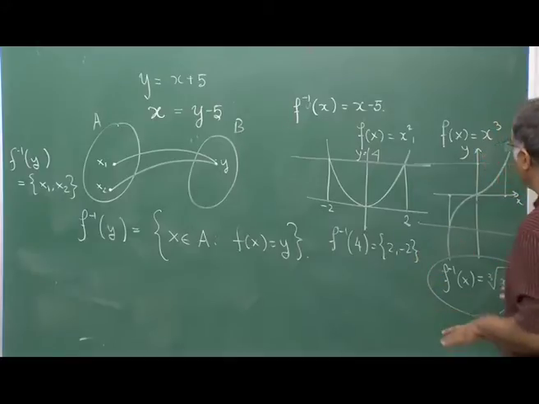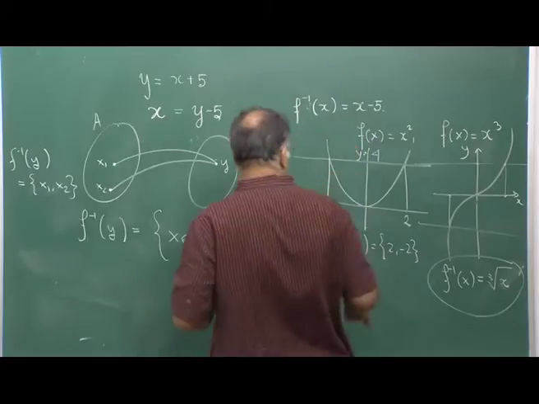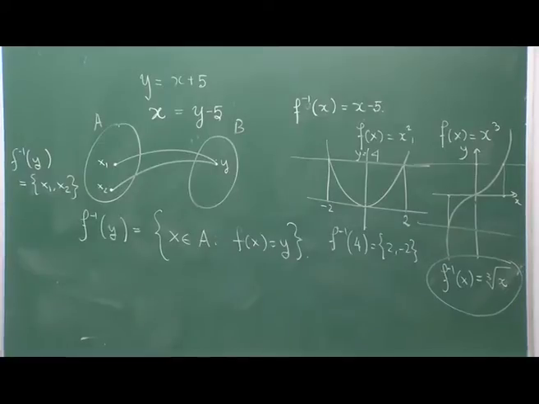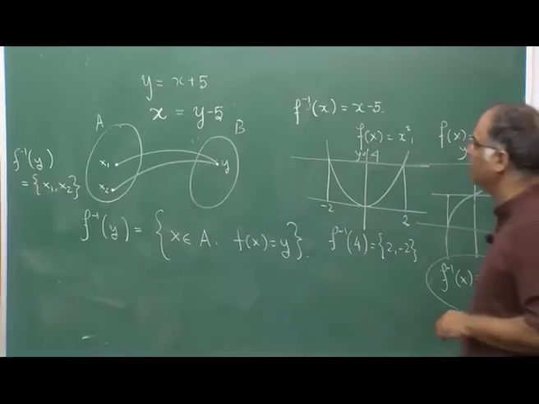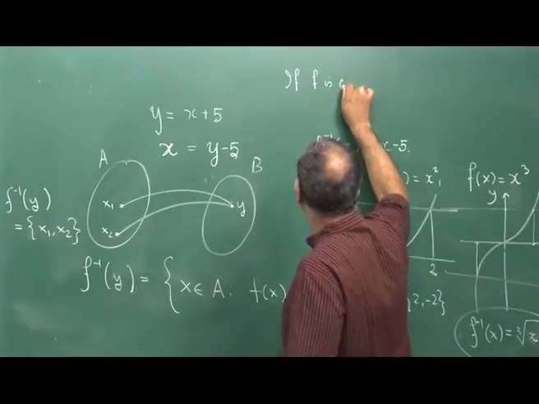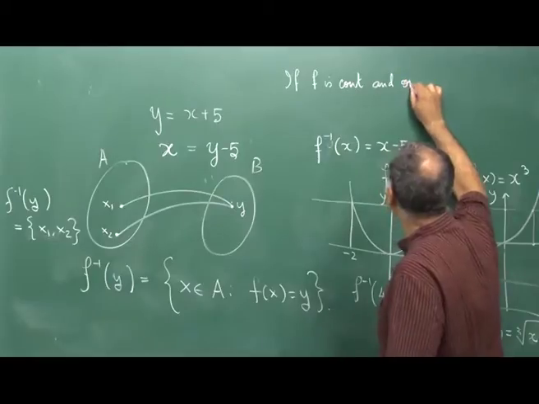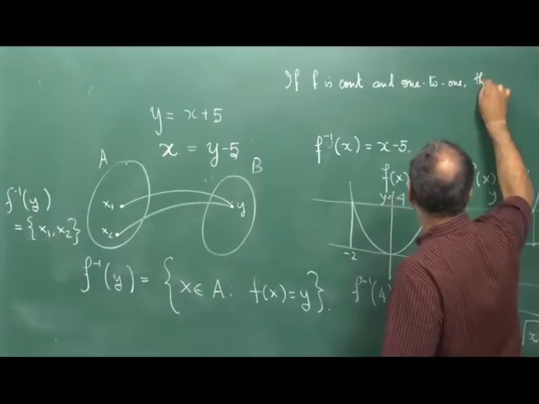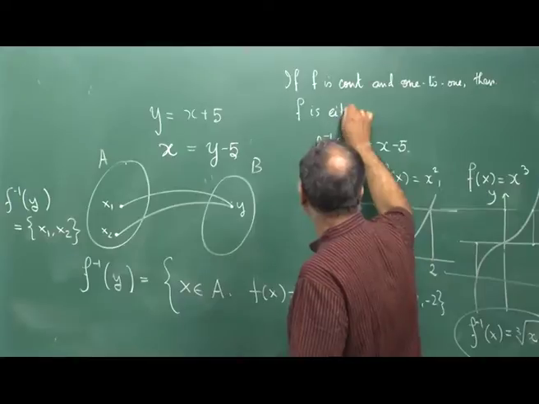You will find more information in the notes: if a continuous function is 1-to-1, that is, there is a 1-to-1 correspondence between the x's and y's, then it is either a decreasing function or an increasing function. If f is continuous and 1-to-1, so it means it has an inverse, then f is either decreasing or increasing.